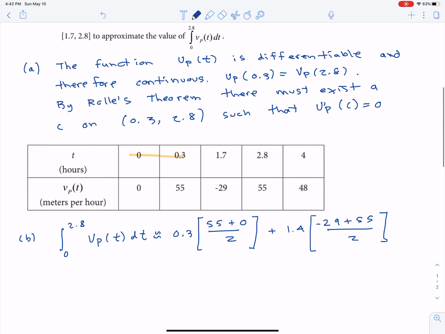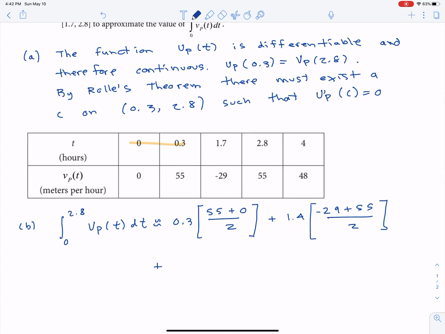And then finally, I'm going to add the last one. So I just finished doing these two. Now I have to do 2.8 to 1.7, which is 2.8 minus 1.7 is 1.4. And that's going to be negative 29 plus 55 again, divided by 2.